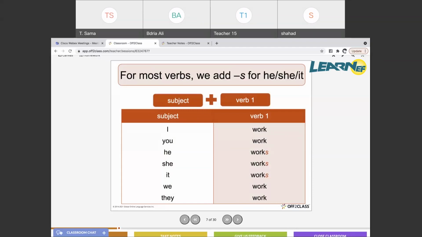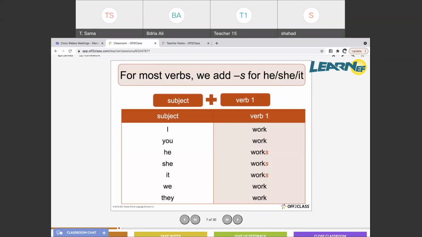So subject can be a pronoun: I, you, he, she, it, we, they, or it can be a name. With verbs, we use the base verb or verb 1. Base verb means الفعل مجرد أو الجذر تبع الفعل. We do not add anything. But مع he و she و it, we add S.